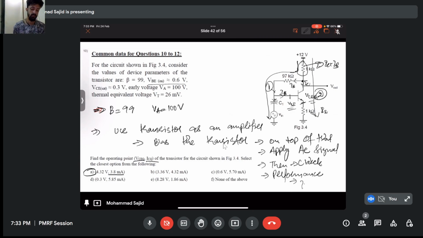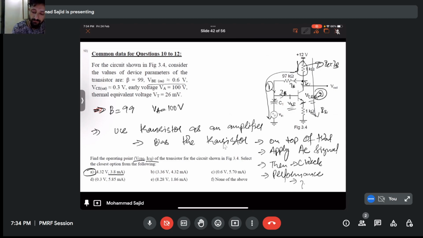If you have found ICQ correctly, you can just directly write A as the answer, right? You don't have to find VCEQ. But for the sake of knowing things, you should, and since it's a subjective work you're doing currently, you have to find VCEQ as well. This is just a trick to solve MCQ questions in competitive exams, like you may be sitting in the next couple of years or something.